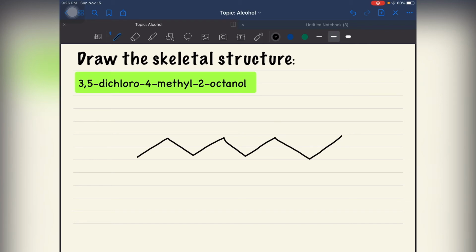So, the next one here is, nakasabi na meron tayong 2. So, yung 2 dito indicates the location of our functional group. So, kunwari, dito yung ating number 1. So, we have here 1, 2, 3, 4, 5, 6, 7, and 8.